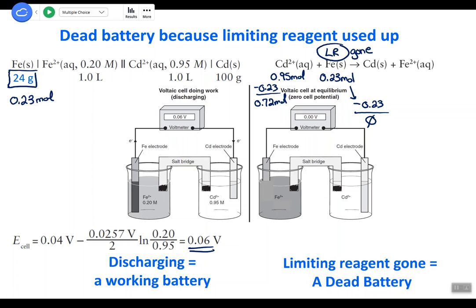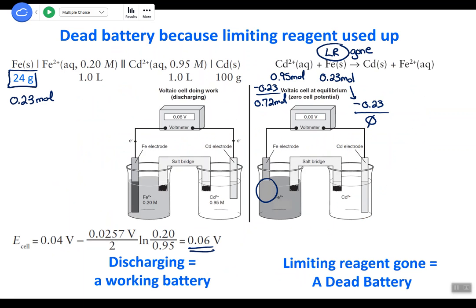We could still calculate the cell potential, the ratio between the iron 2+ ions and the cadmium 2+ ions, but there's no more iron. The iron is gone. The battery is dead. So 2 ways for it to die. We run out of something, or the ratio gives us a 0 cell potential.